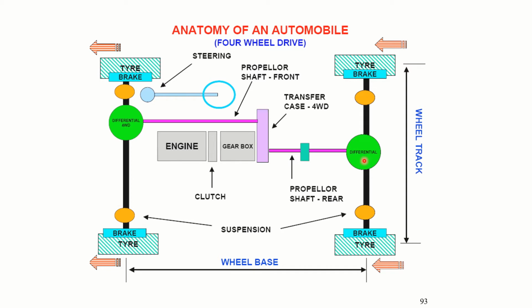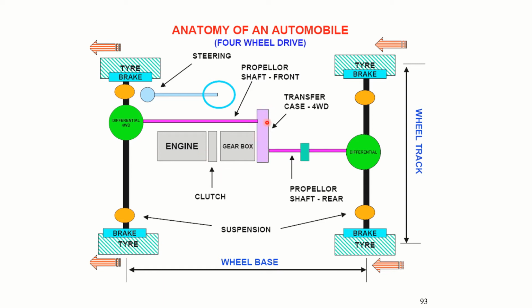So both will become drive. So here you can see that there will be traction force in the rear wheels as well as the traction force will be available even in the front wheels. So what is this transfer case? You can call it another gearbox which will receive the motion from the transmission shaft and transmit it to the front and rear differential.